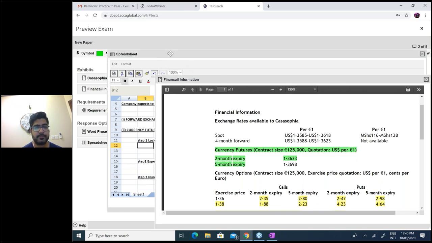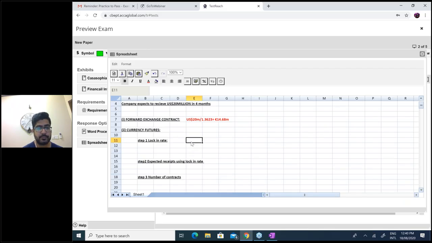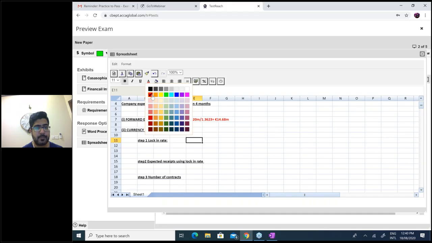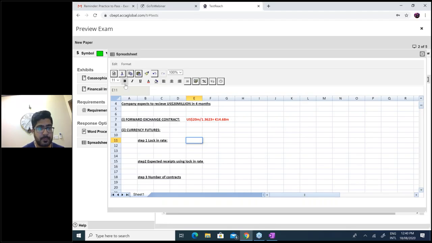Let's compute the lock-in rate. You were given rates of 2-month expiry and you were given rates of 5-month expiry, right?